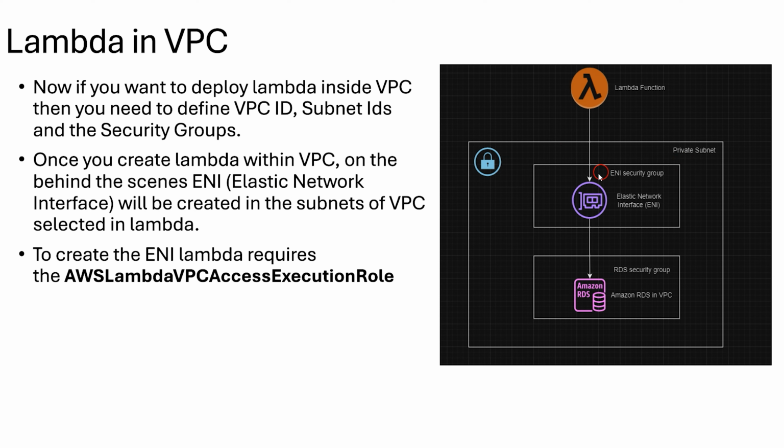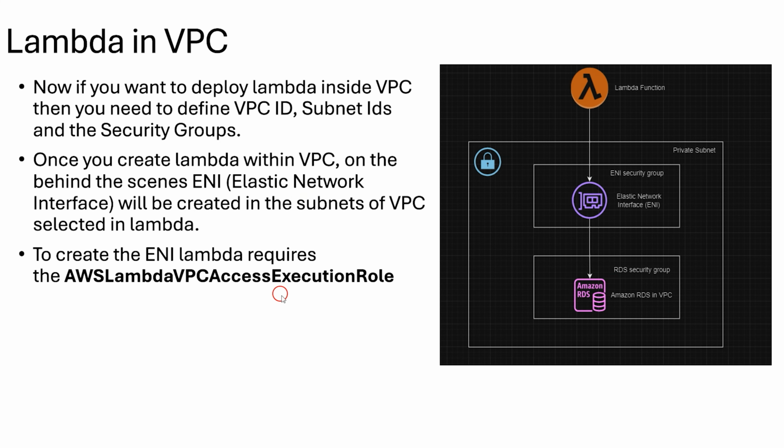By using this Elastic Network Interface, Lambda will be able to access another AWS service here, that is RDS, the relational database. But it's not direct, right? It is using this elastic network interface only.